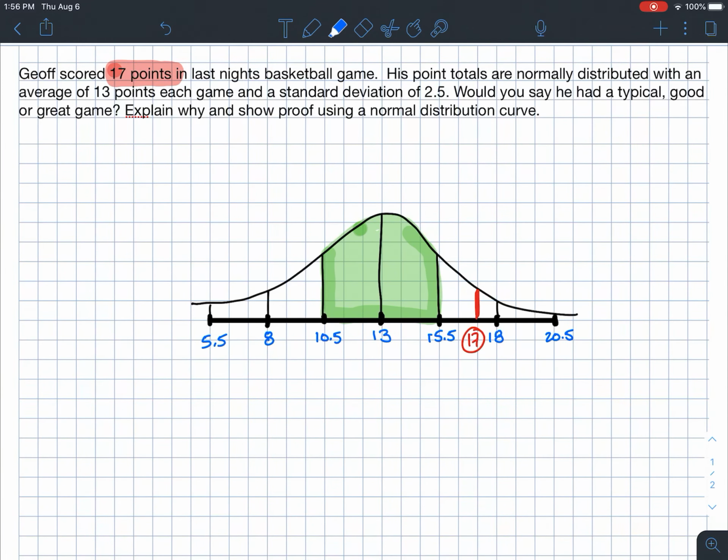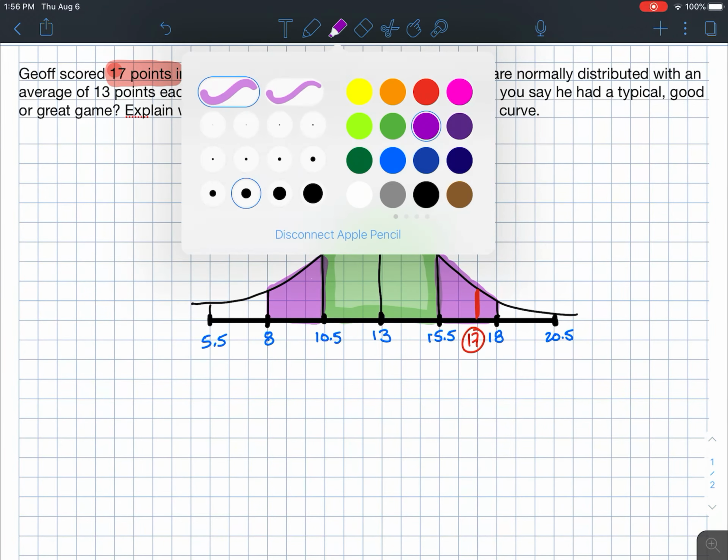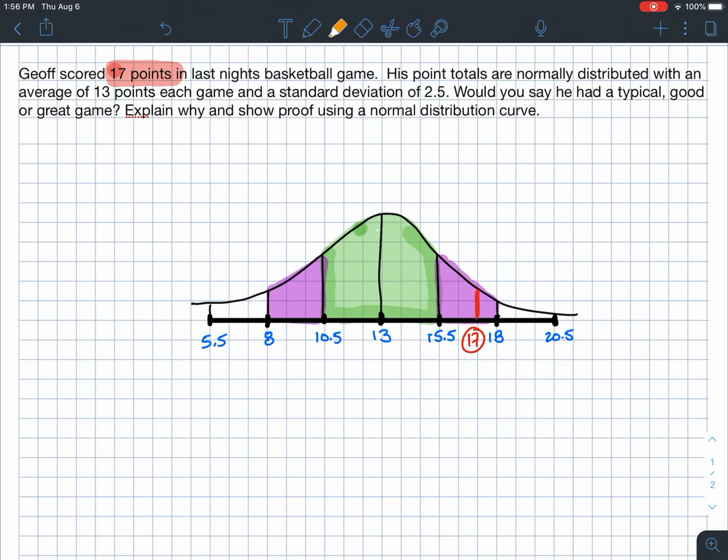Then he starts to do a little bit better as we branch out. So in this purple zone, if he's in here, he's usually doing better than what he did most nights. Or worse, depending on which side of it you're on. If you're scoring lower points, you're not doing as great. If you're scoring more points, you're doing better. And then there's some nights where he's way out here.